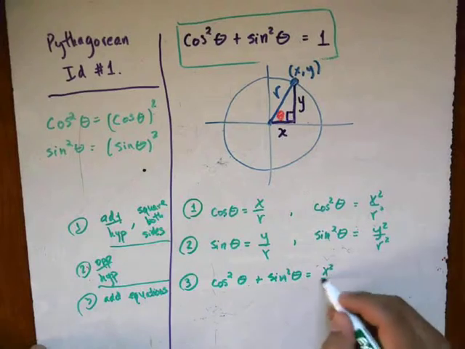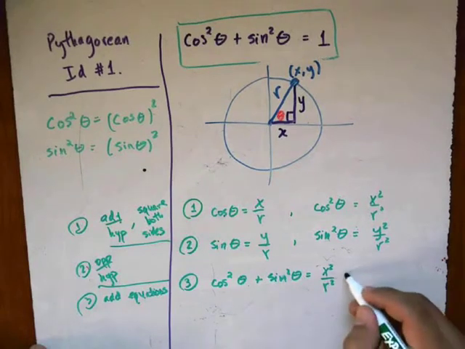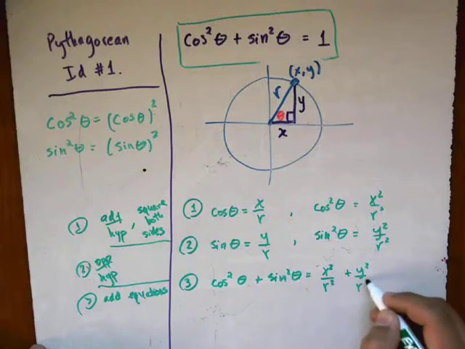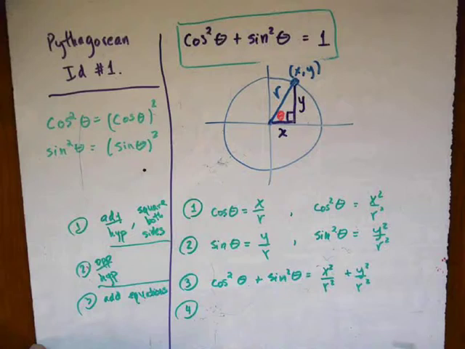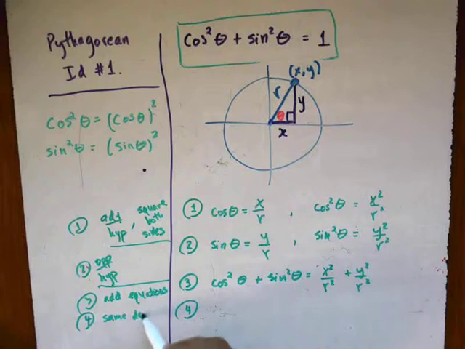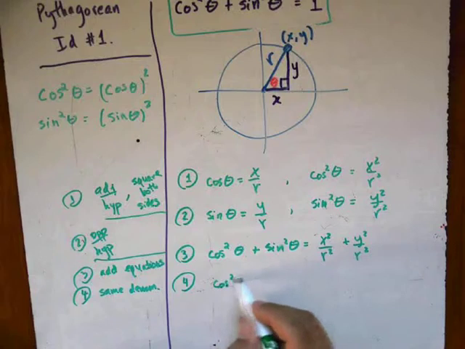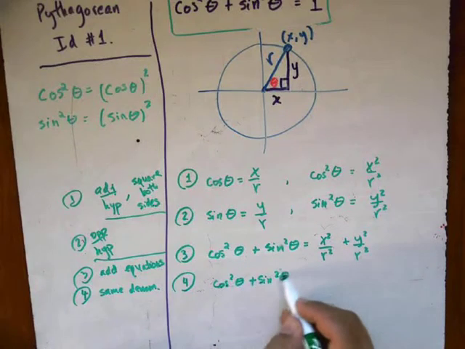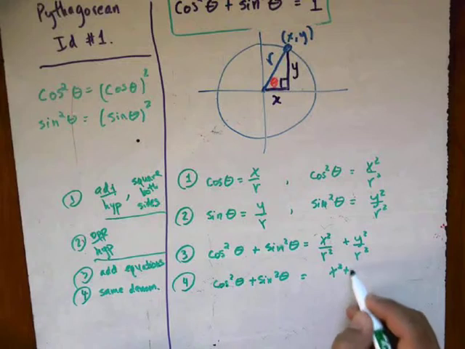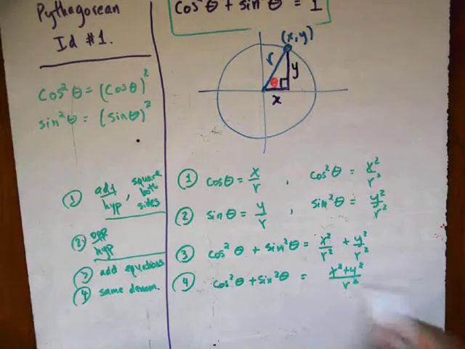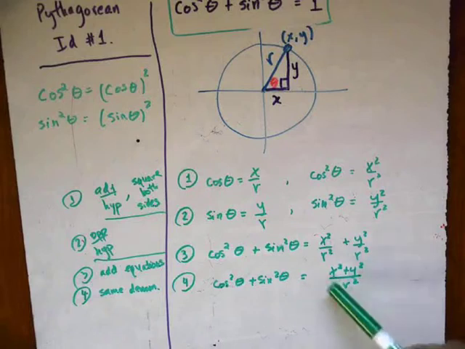That's x squared over r squared plus y squared over r squared. To simplify a little, we know it's the same denominator, so we can combine those two on the right side. Cosine squared of theta plus sine squared of theta is equal to x squared plus y squared over r squared. Nothing special there, but our goal is to somehow show that the right-hand side is equal to 1.